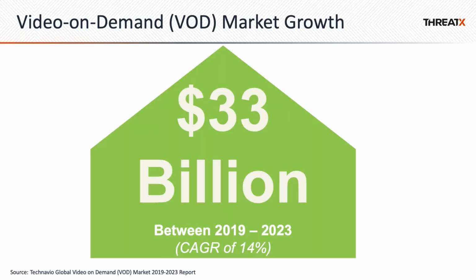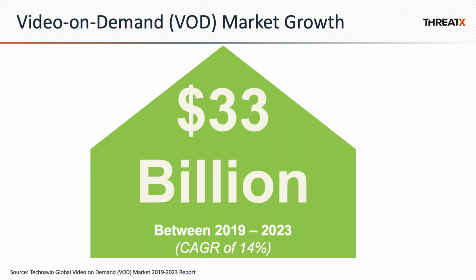So, why is this such a hot topic? One of the things that I like to talk with folks in the media and entertainment space about is that as we continue to see revenues grow from video on demand or over-the-top services, the bad guys are going to continue to target those services.